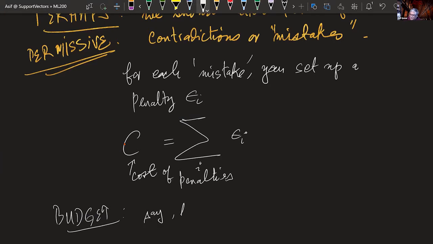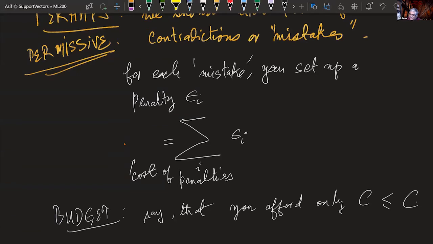Say that you can afford only C less than or equal to some particular value. All right. This is typically where the word C itself is used, so let me use little c here. This is common. So you can say that your little c has to be the budget.